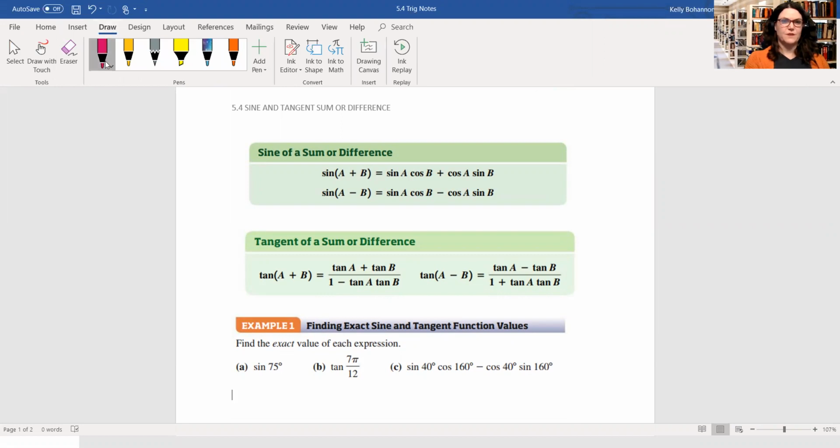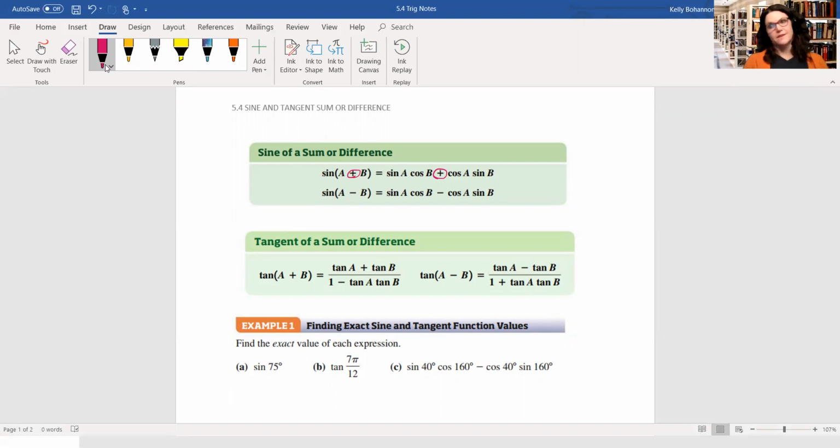So right here, we have our sine of sum or difference identities. And again, I'm not going to tell you how they got them, but let me tell you something you can do to recognize and remember. Sine sum identity: sine has the same sign here as it does here, unlike cosine, which is switched, or converse.